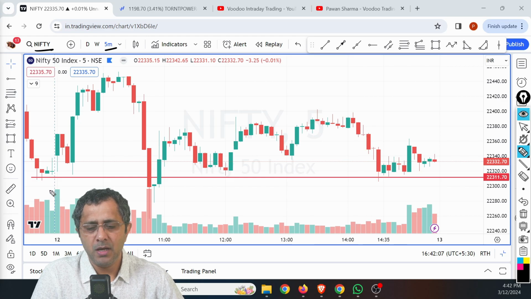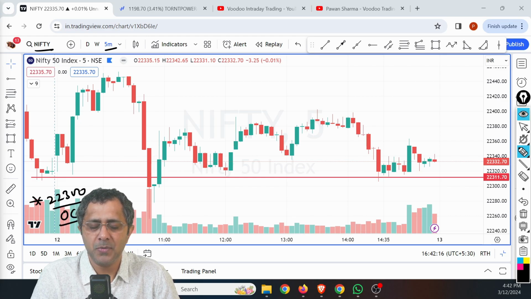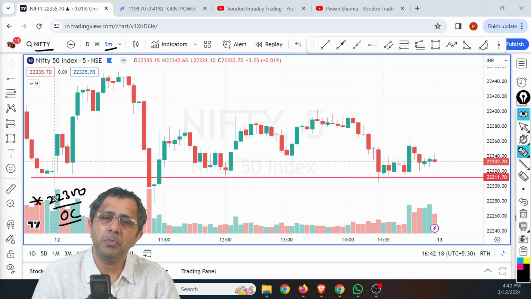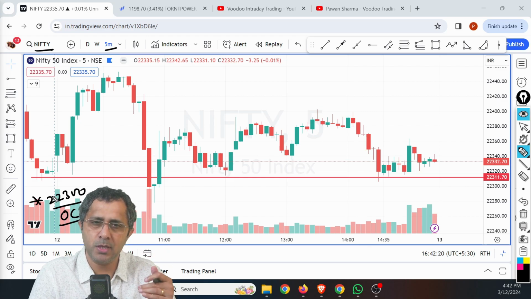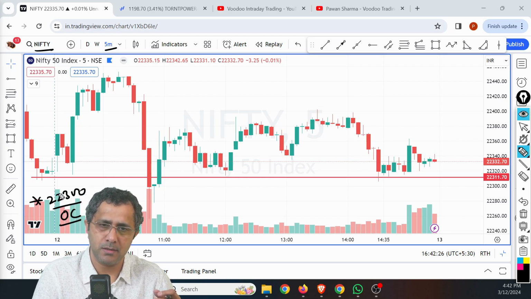What I did today, first of all, I found this support which was present at 22,300. How can you find this support? Either you can use the option chain, or you can use the previous levels, and by using those previous levels you can draw a line, and on the basis of that you can find the nearest support and nearest resistance.